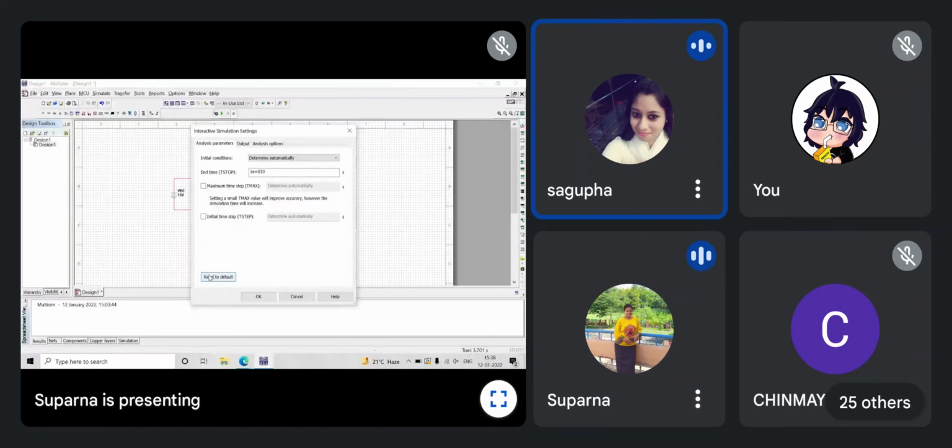Which version are you using? Multisim 13.0. Still it is not coming. Okay, just wait. I'll check and get back to you. Stop sharing your screen for now.